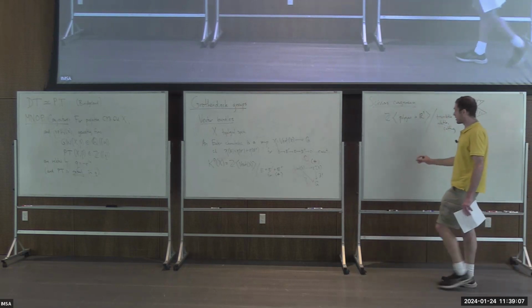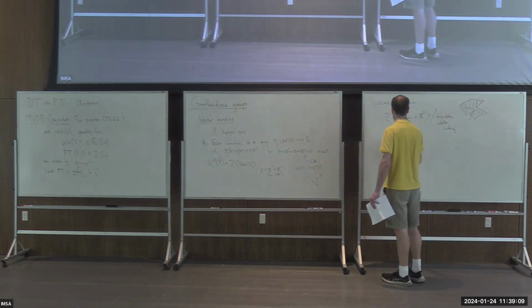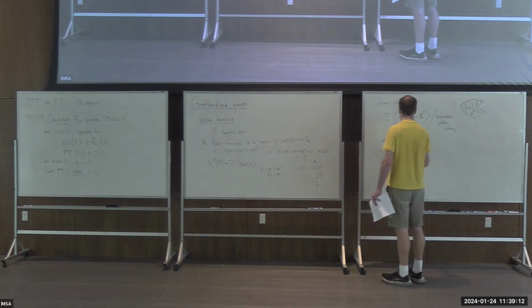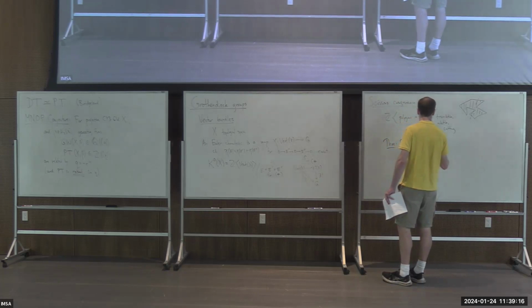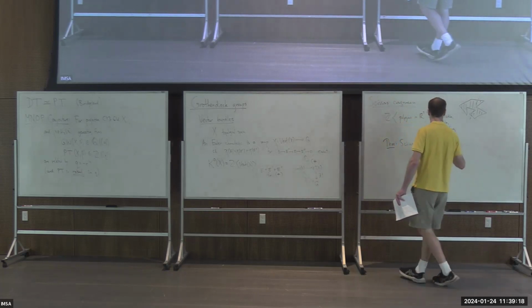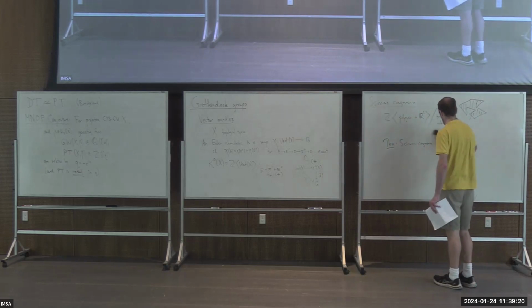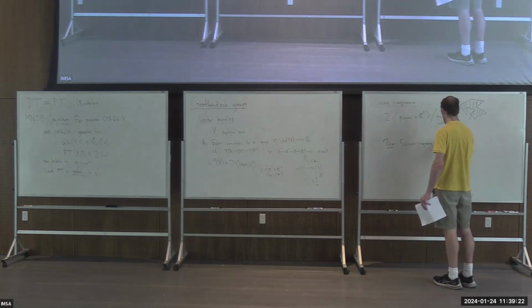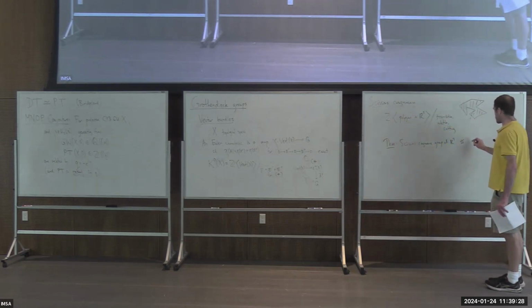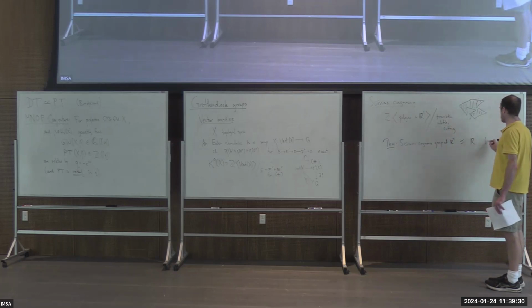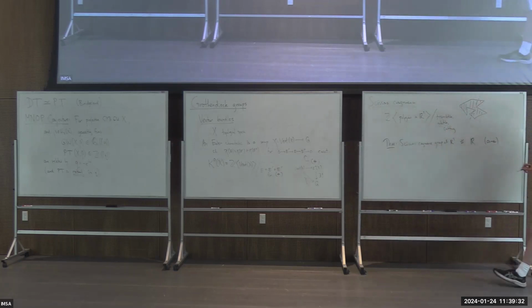All right, so it turns out 0. Scissors congruence group. Q is isomorphic to R, and the isomorphism is given by area.